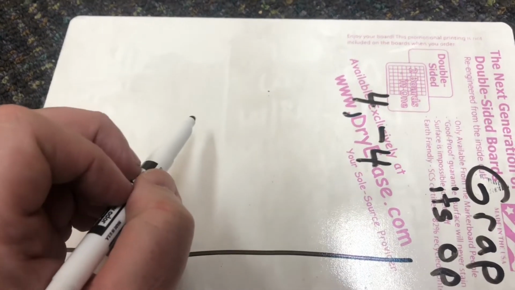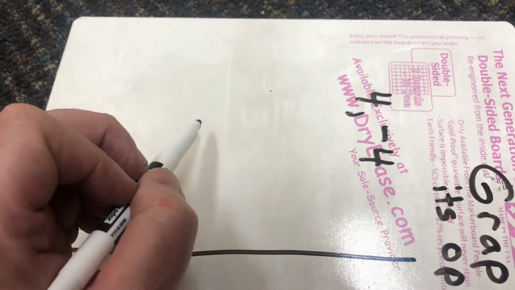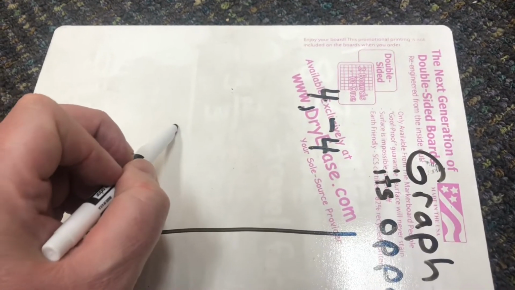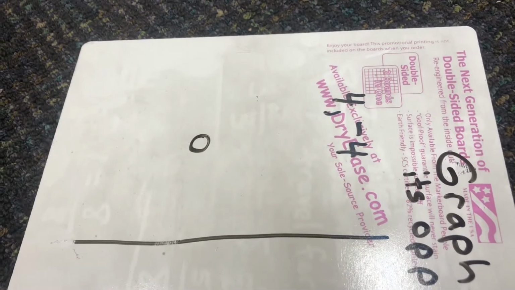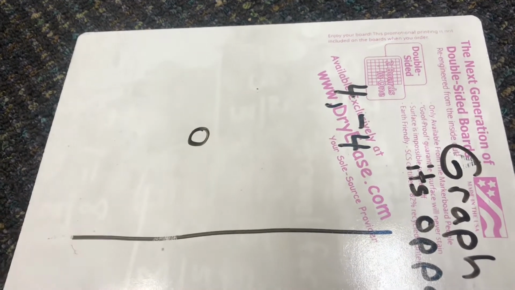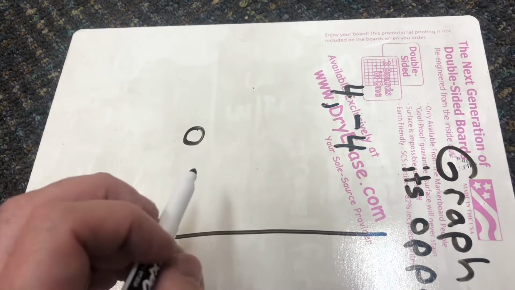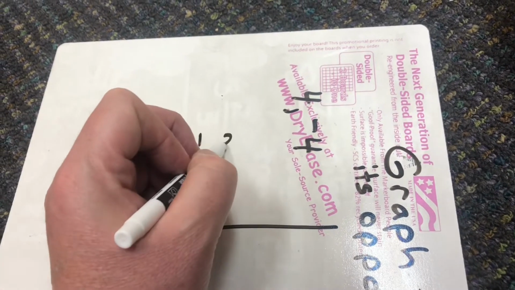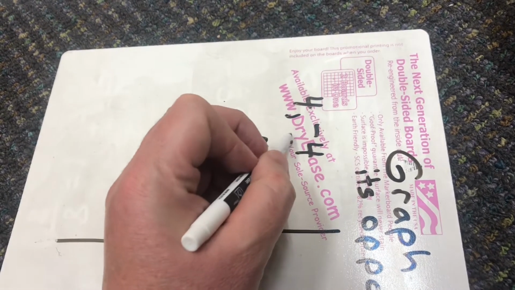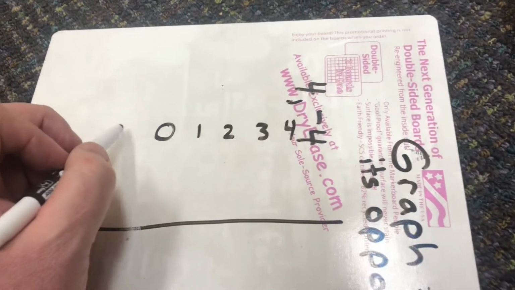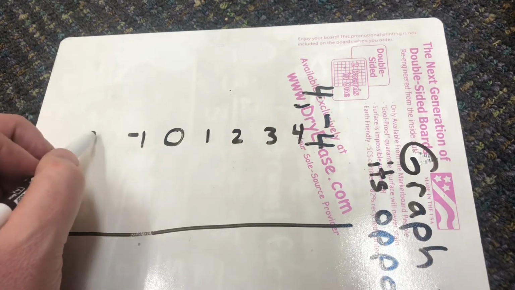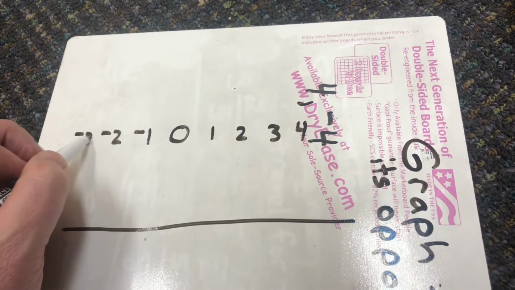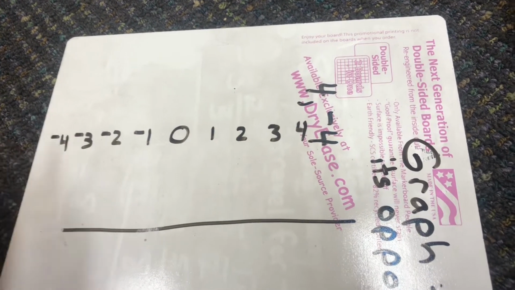When I make a graph in this situation, I always want to start it with 0. Now 4 and -4 are not real big numbers, so I can go 1, 2, 3, 4. I'm making a number line. Then over here, -1, -2, -3, -4.